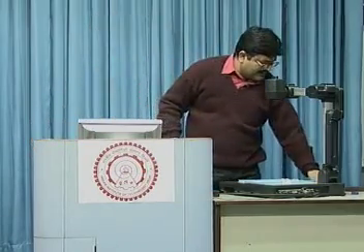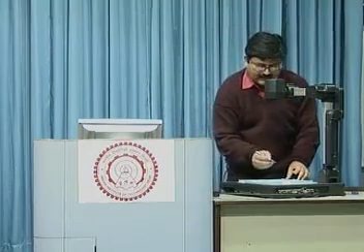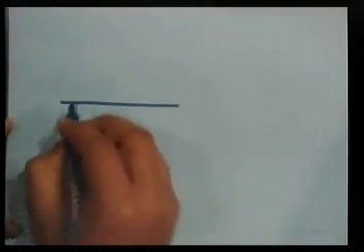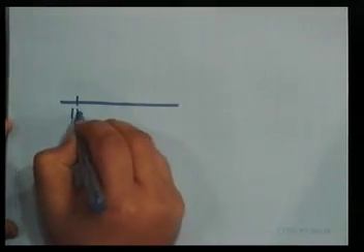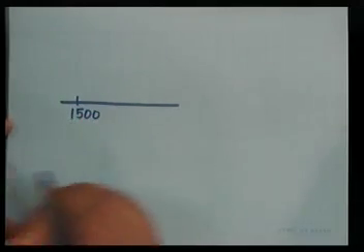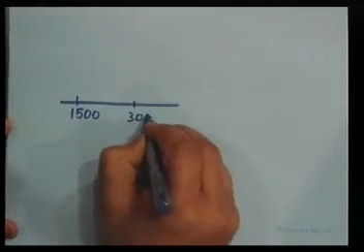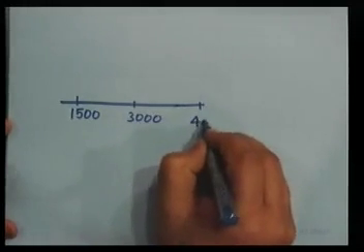If you just try to see what is the difference between these two, I would like to show you one diagram and then it will be more clear. Say for example, at the end of year 1, you have a chance to get 1500 rupees, you have a chance to get 3000 rupees and you have a chance to get 4000 rupees.